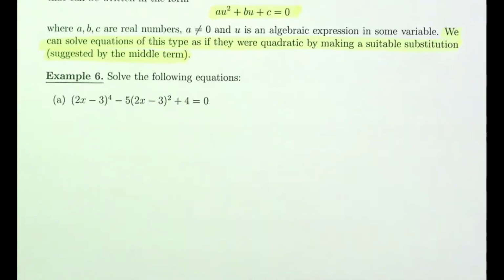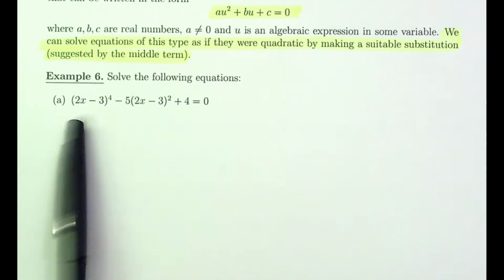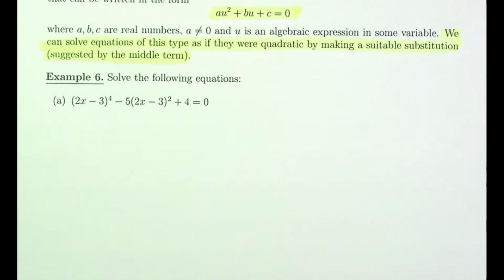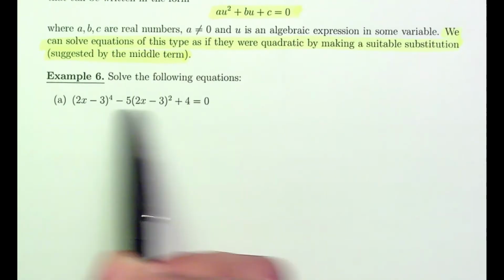Okay, so here's the first one. It says (2x minus 3) to the fourth minus 5 times (2x minus 3) squared plus 4 equals 0. First off, note that these two things are the same base. Then note that it has three terms, just like a quadratic equation, and this one is already in order.